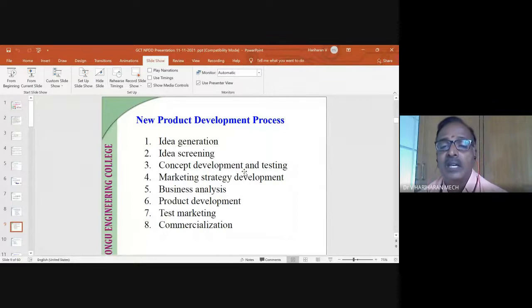Then market strategy development. Once you are testing and developing your new product, you can slowly enter into the market, study the market strategy, and slowly develop your market. Then business analysis. How can you do the business? Suppose you are launching your product to the market, the money will not come to your hand immediately. You give the component and you get the money after 3 months or 6 months, based on your product.